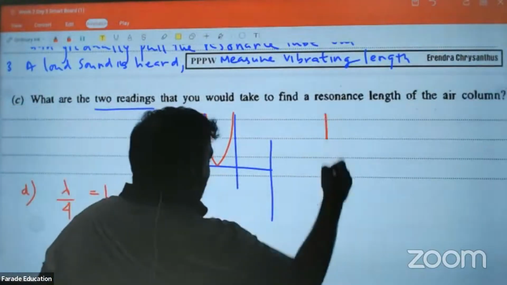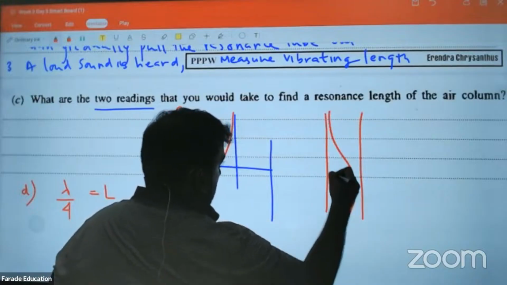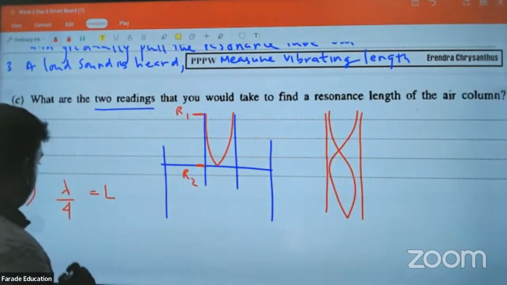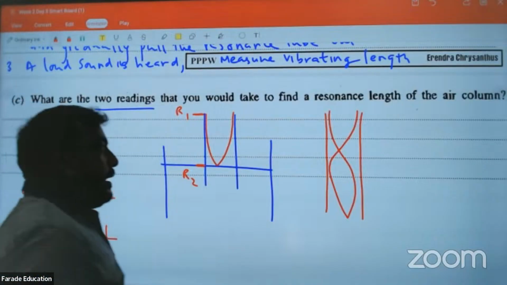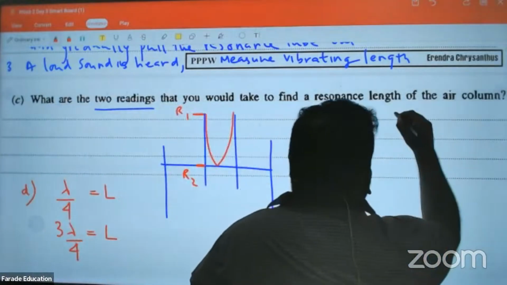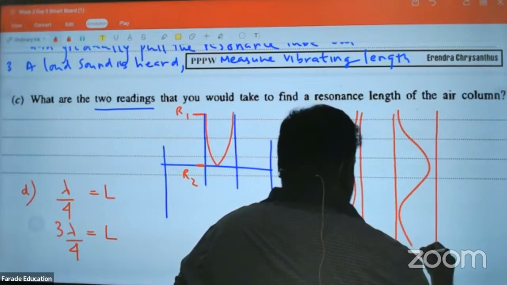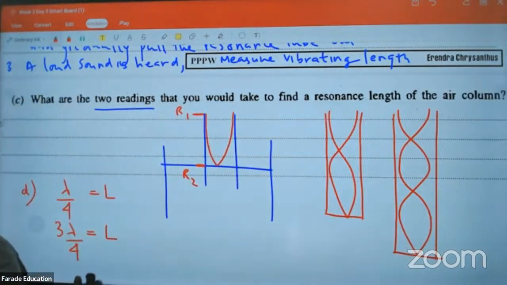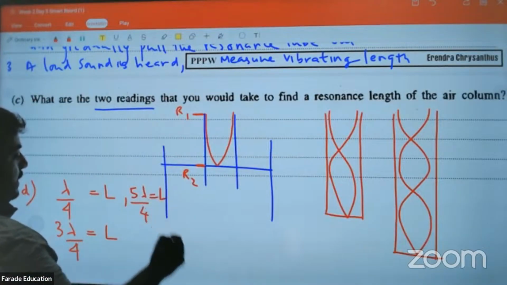If you take the next vibration, half and quarter, 3/4, then 3 lambda over 4 is equal to L. The next vibrating length, 5 lambda over 4, is equal to L. So what are they telling you?